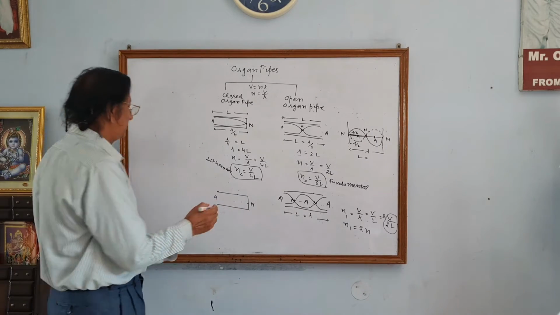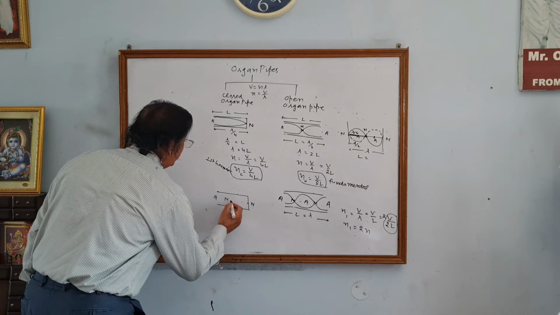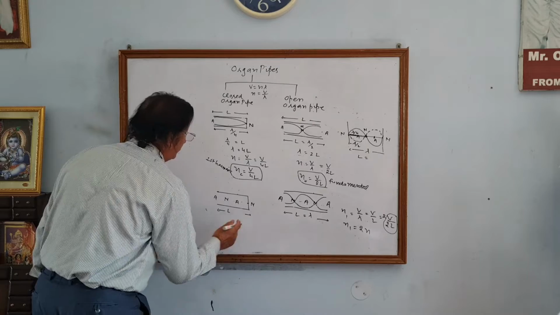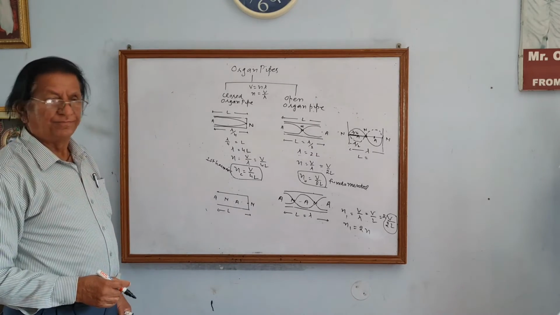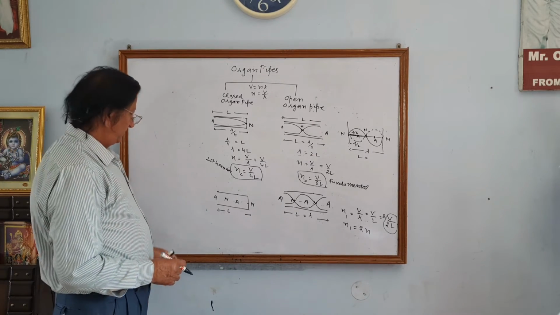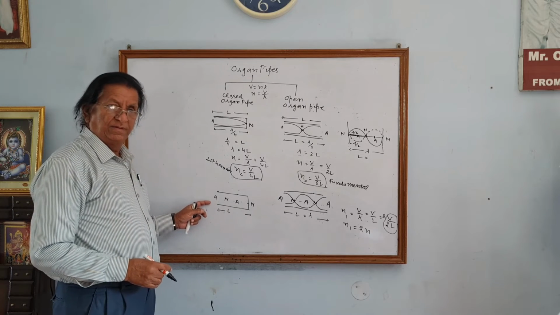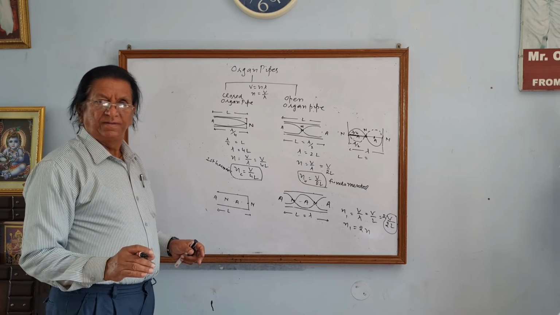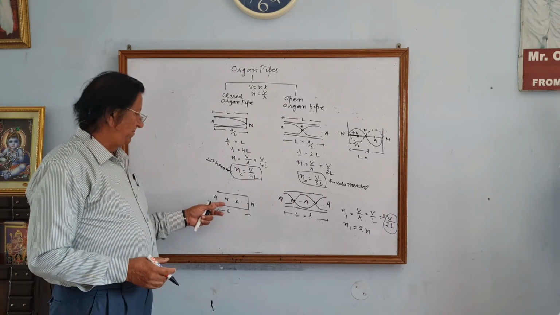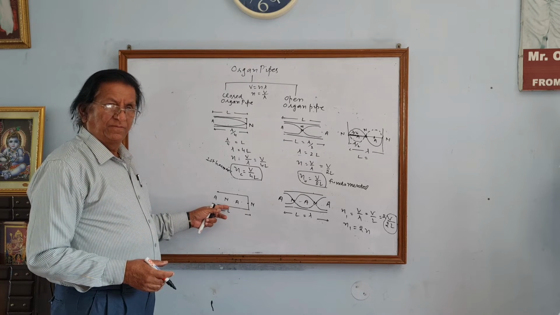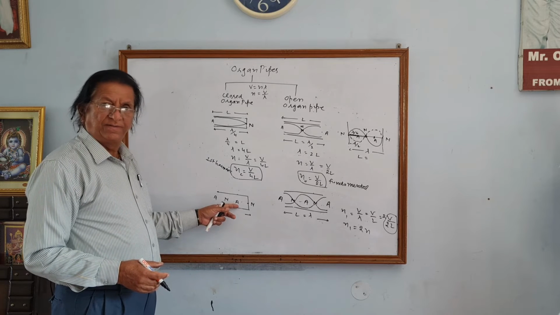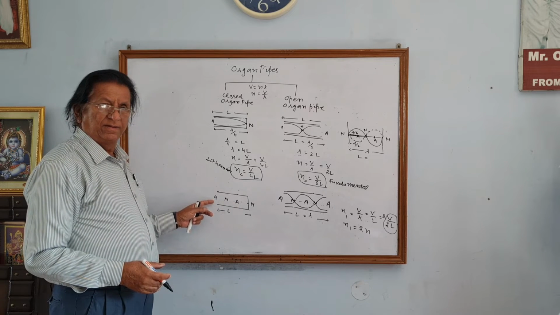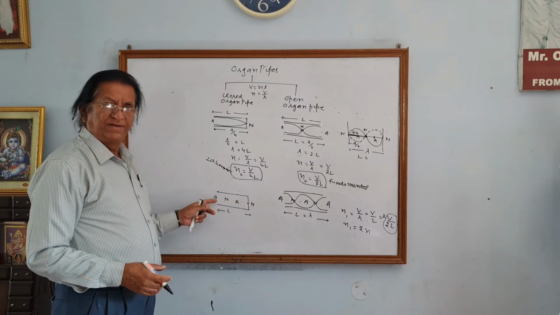Okay, now by blowing harder you can generate one node and one antinode in between the two ends.